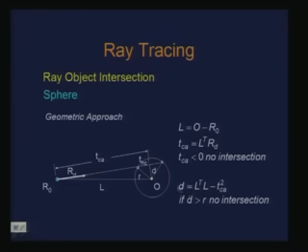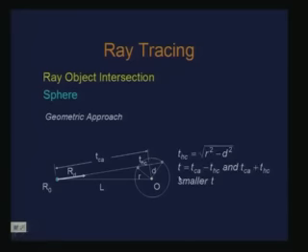Now, again if d is greater than r, there is no intersection. If d is greater than r, then there is no intersection. Okay. So, the next thing is to get the t_hc.